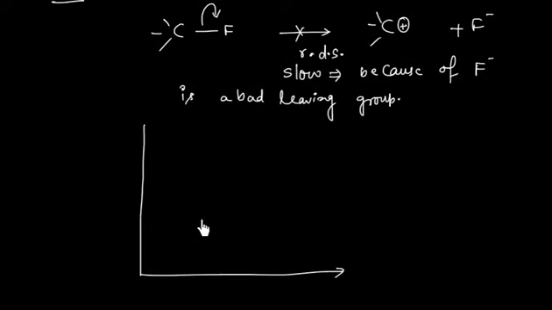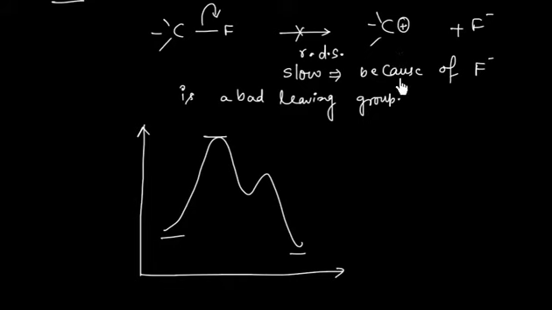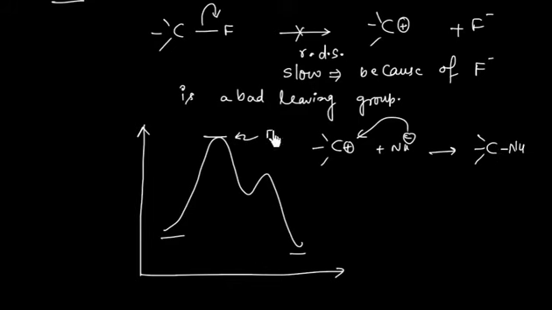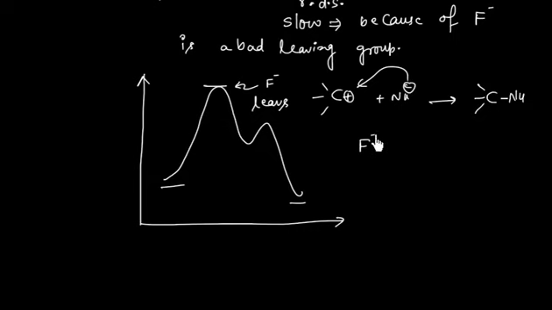If we make potential energy diagram for SN1 reaction, first step is slow and the second step is fast, because in the second step a nucleophile will attack this carbon. It is a bond formation process. So second step is fast step in SN1 reaction. F minus leaves here, and that is a part of rate determining step. So reaction becomes slower, because F minus is a bad leaving group.